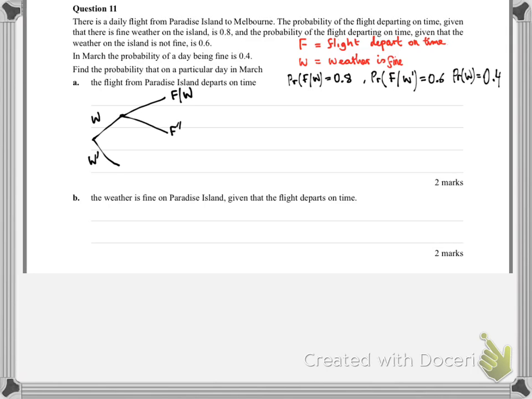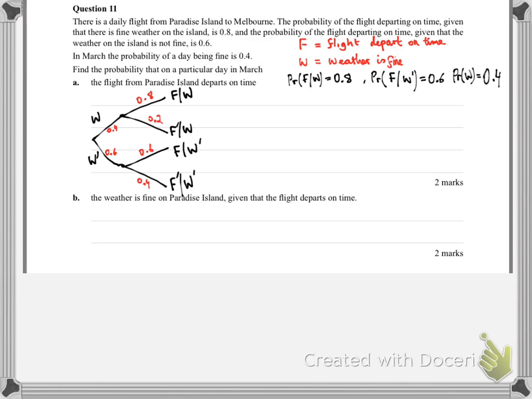There's a little tree diagram. Now each branch sums to 1. So this probability plus this probability is equal to 1. This probability plus this probability is equal to 1. And these original branches also sum to 1.